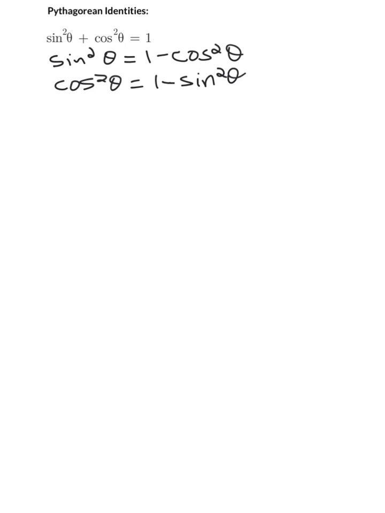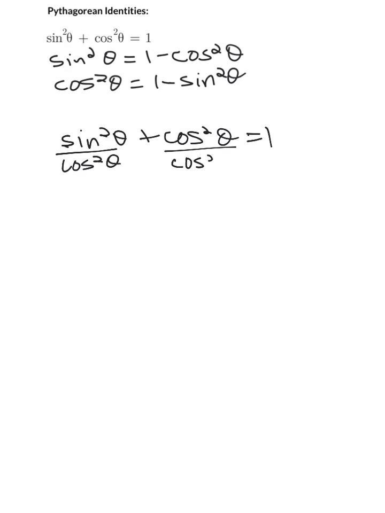Now that we know the three versions of the sine and cosine version of the Pythagorean identity, we're going to look for the other versions. I'm going to start with the basic sine squared plus cosine squared equals 1. If I take this identity and divide all of the terms by cosine squared, well, sine over cosine is tangent, so sine squared over cosine squared becomes tangent squared of theta.